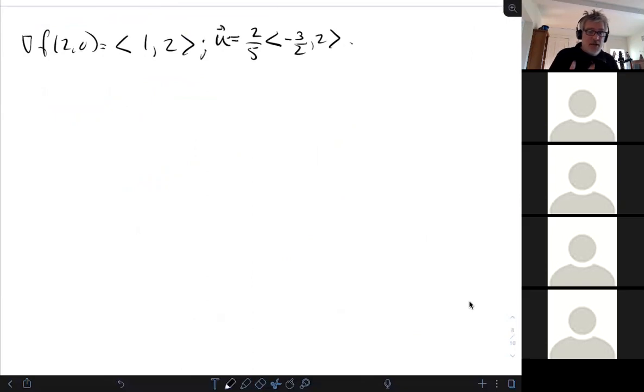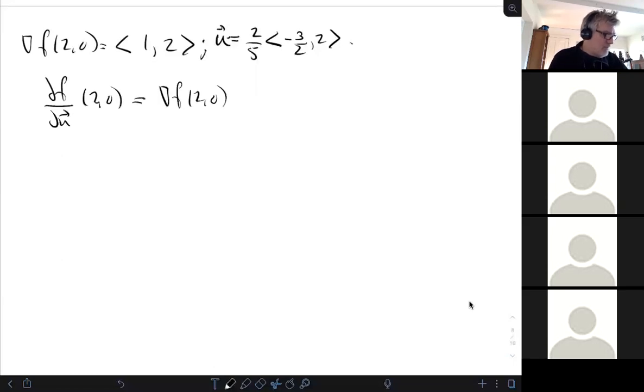Okay, so I've got my gradient at 2, 0, and I've got the vector U. So del F del U at 2, 0. We know by theorem that this is the gradient of F at 2, 0 dot U.